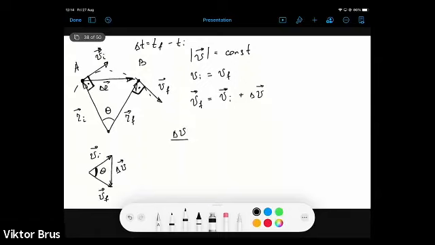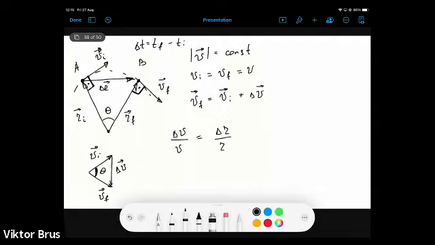So delta v over v, where we can substitute v initial, v final as just v, because the amplitude of the linear velocity vector doesn't change over time. And this will be equal to, based on the similarity of the velocity and position vector triangles, delta r over r.